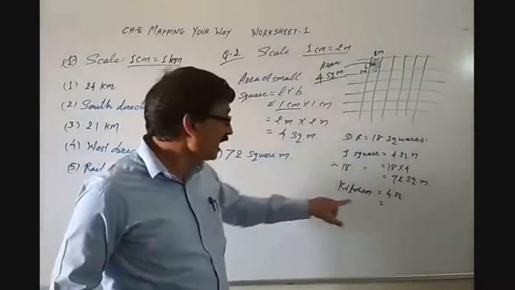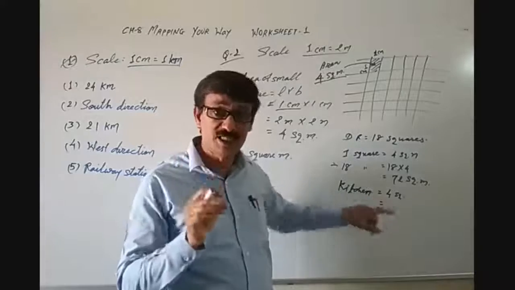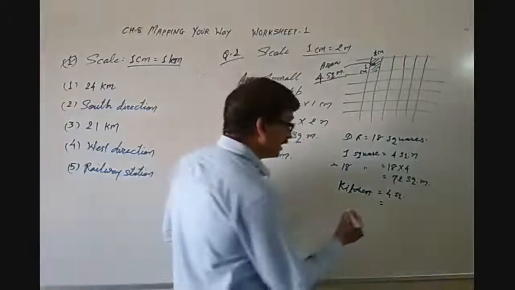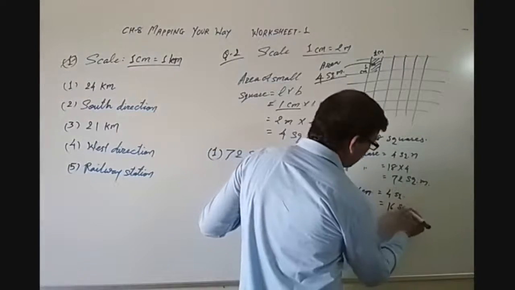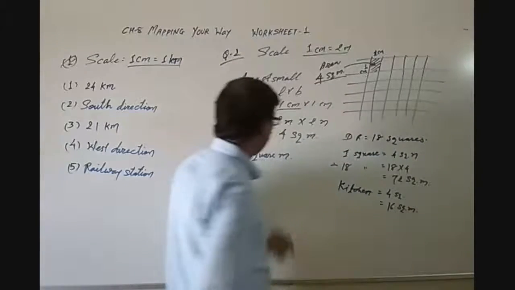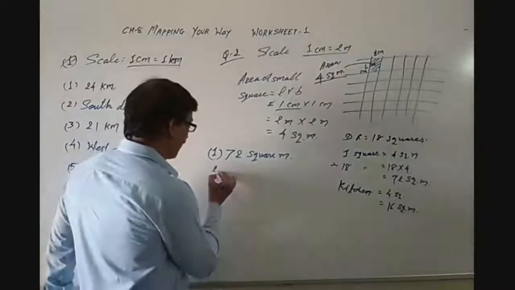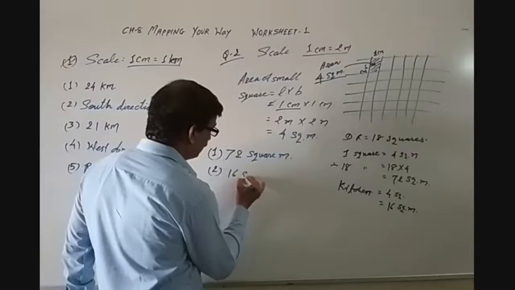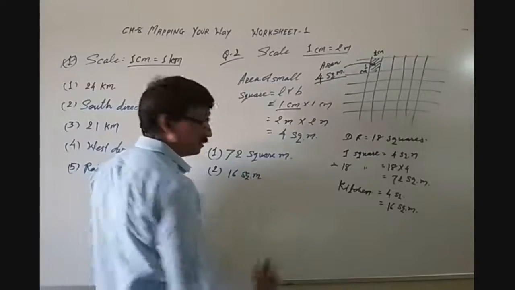So the area of 4 small squares is 4 fours, which are 16 square meter. The second answer is 16 square meter.